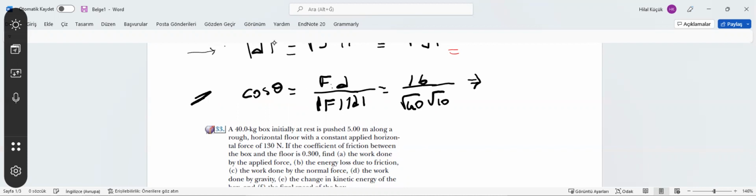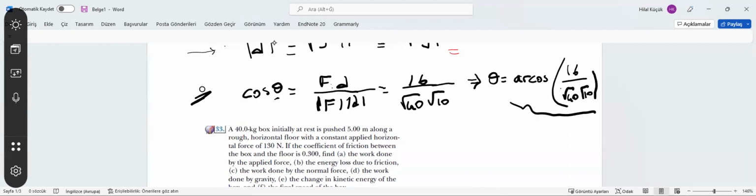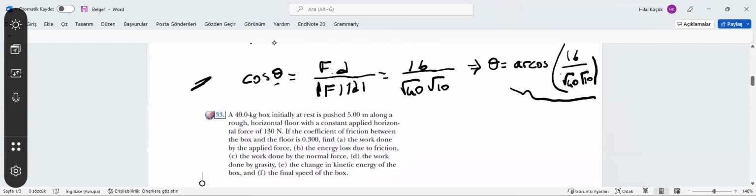But be careful, you need to find the angle. The angle will be arccos of 16 over 40 and 10 square. Okay, maybe it's too small. Oops, 40 and 10. Please look at this part. This is the math part. Just use your calculator. Okay, I don't want to spend too much time on this.